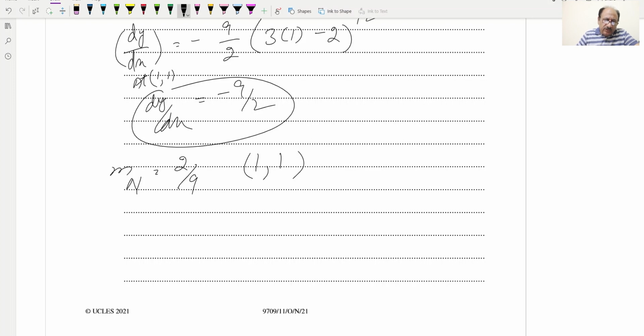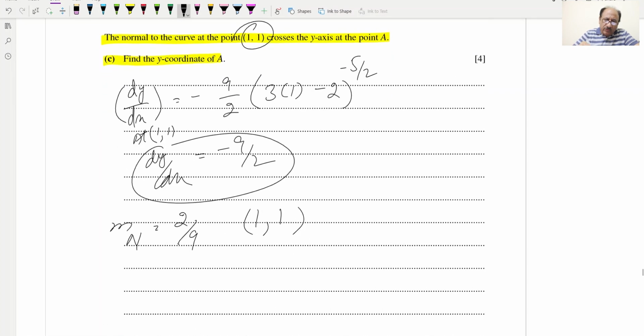If you are confused about where we got this dy by dx, we can write y as 3x minus 2 raised to 3 by 2, and you can write this again as 3x minus 2 raised to the power minus 3 by 2.